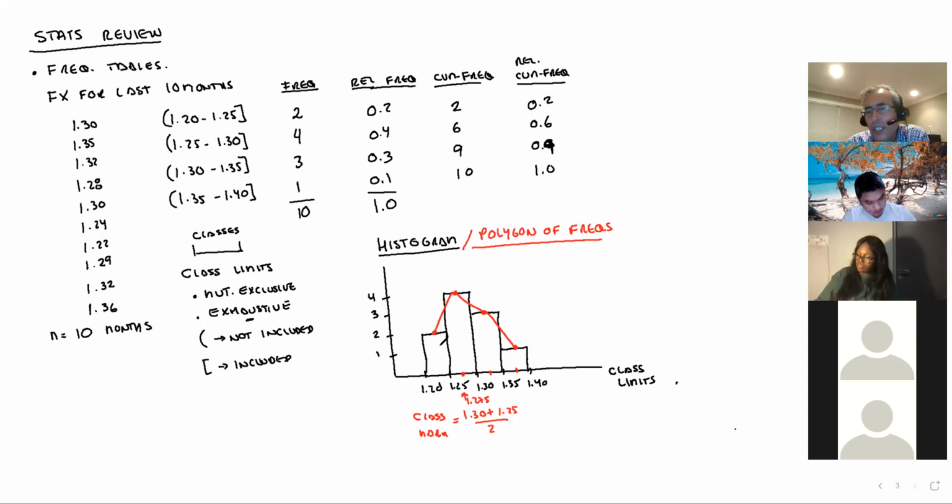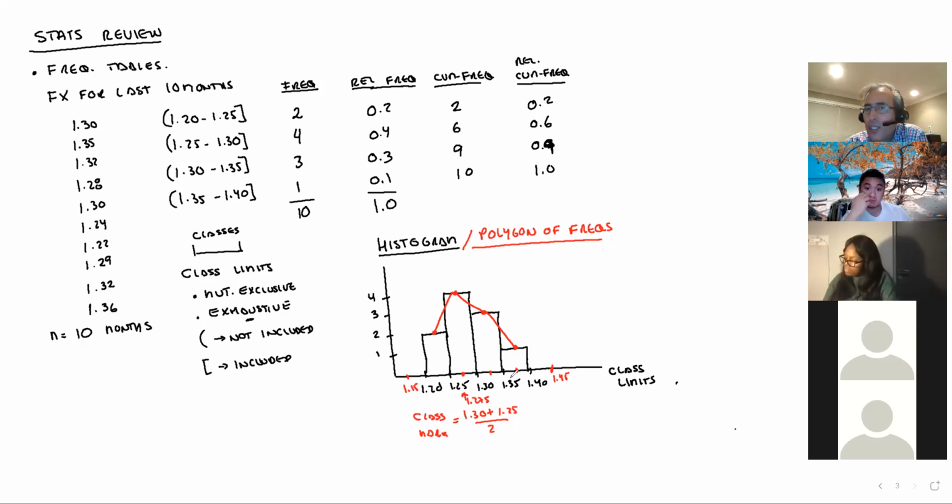Please pay attention here, guys, because this is important. The Polygon of Frequencies always starts on the horizontal line. But we don't have more observations below 1.20, and we don't have observations above 1.40. However, what we need to do here is a guess. We are going to create an artificial class that has the same dimension as the one close to it. So I need to create here a 1.45, do you agree? And here we'll have a 1.15.